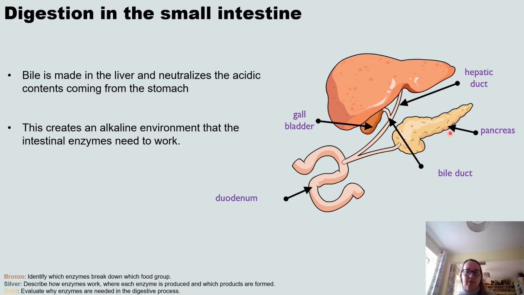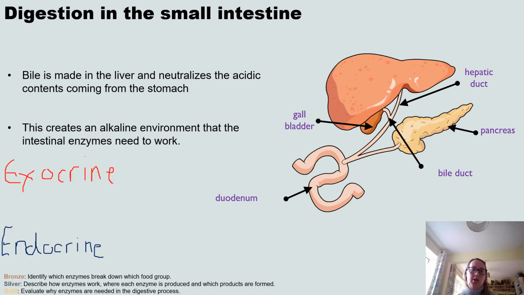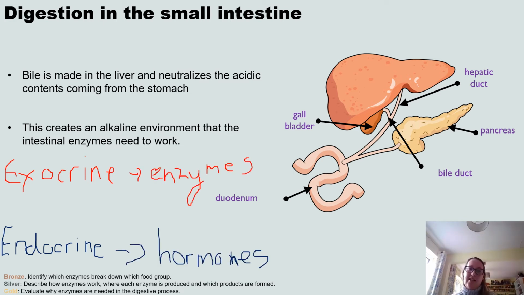So here we have our pancreas, and see it's like a leaf-like structure, and remember it has exocrine and endocrine functions. Remember, exocrine means enzymes and endocrine means hormones. And the pancreas has both these functions because it produces enzymes, which are digestive enzymes that are secreted into the duodenum, and it also produces hormones like insulin and glucagon.